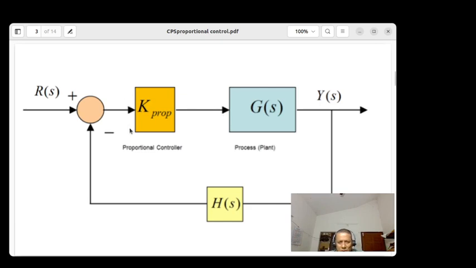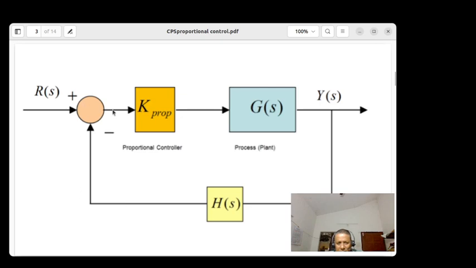So this is the proportional controller. Here we will get the error between R of s, which is the reference. Reference means we have a set point, the required output. The set point and the output will have an error, fed back through a transfer function.